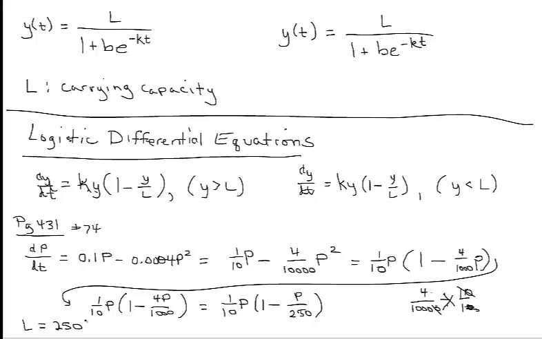The other question I want to answer on problem 74 is D, which says determine the value of P at which the population growth rate is the greatest.